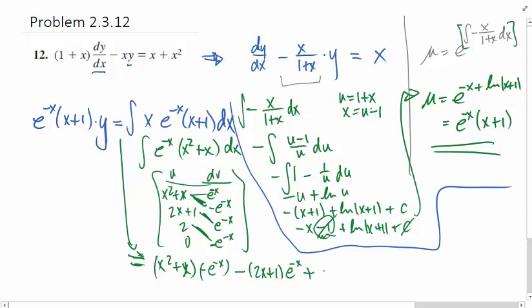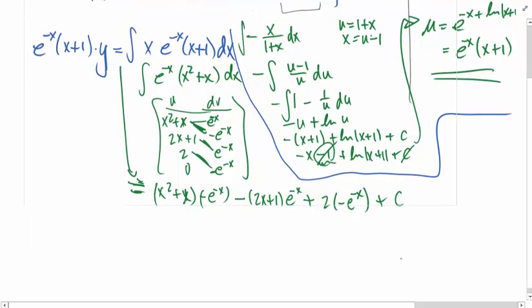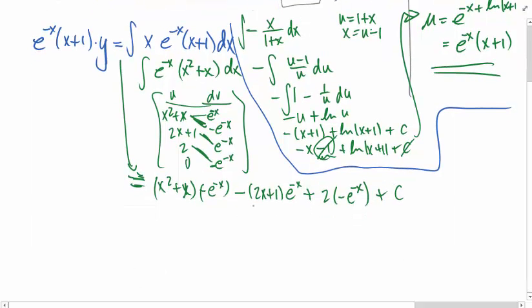We have a 2 times negative e to the negative x, and then everything else is 0, so let's put a plus c here. And then if we simplify this, we have a few e to the negative x's that are in common with everything except for the c, so let's keep the c out of this.